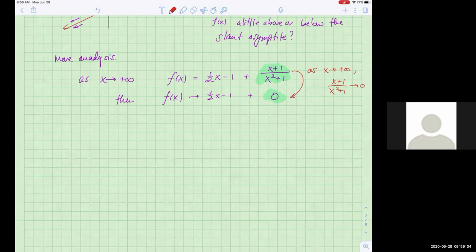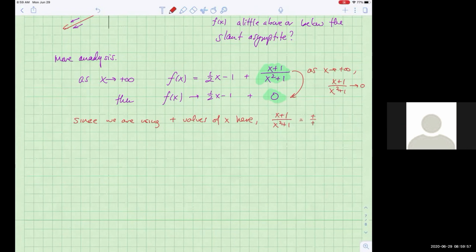Since we are using positive values of x here, x plus 1 over x squared plus 1 is positive over positive.